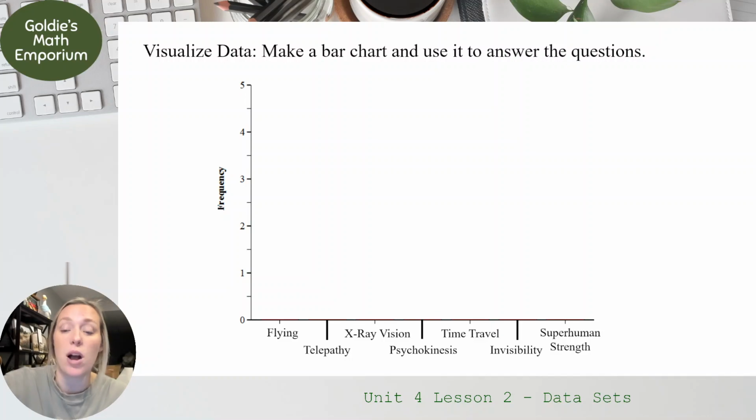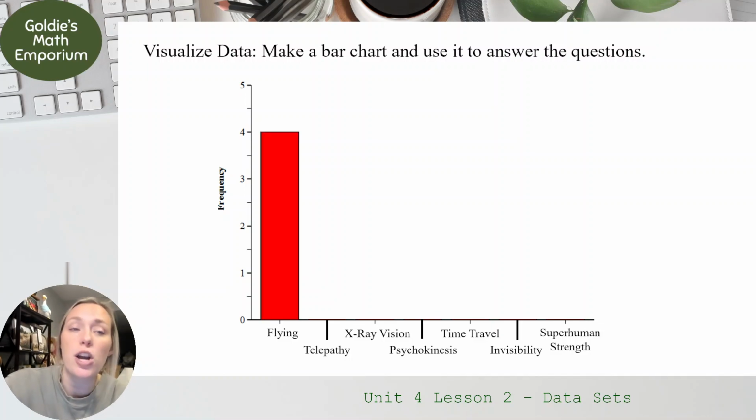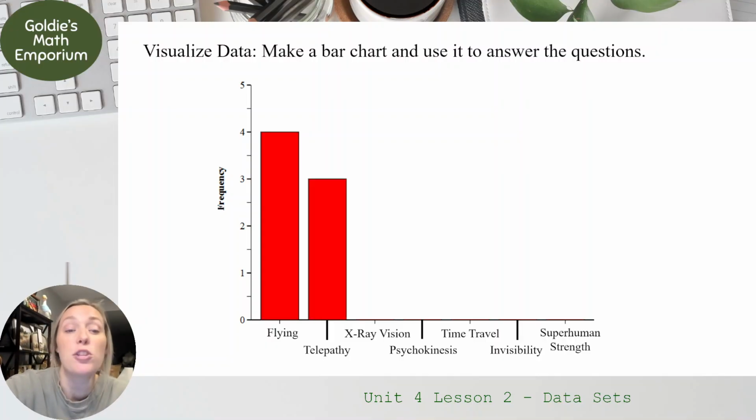So a bar chart, pretty straightforward. Your bars go up to the number of students. For flying, 4 students chose flying. For telepathy, 3 students chose telepathy, mind reading. And each of your bars goes up to the frequency from there.